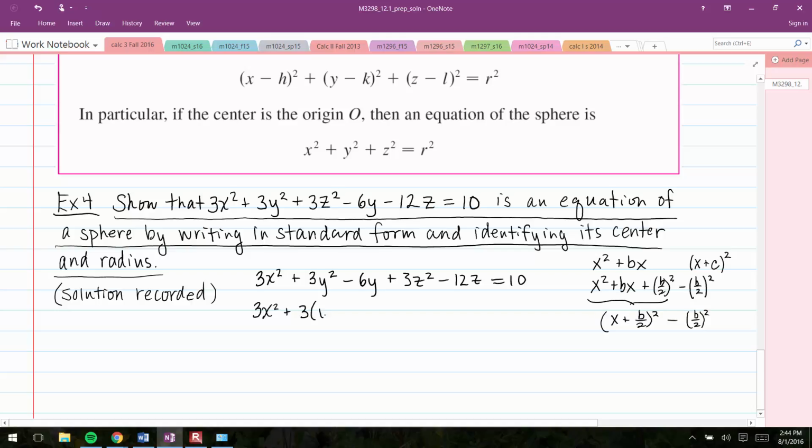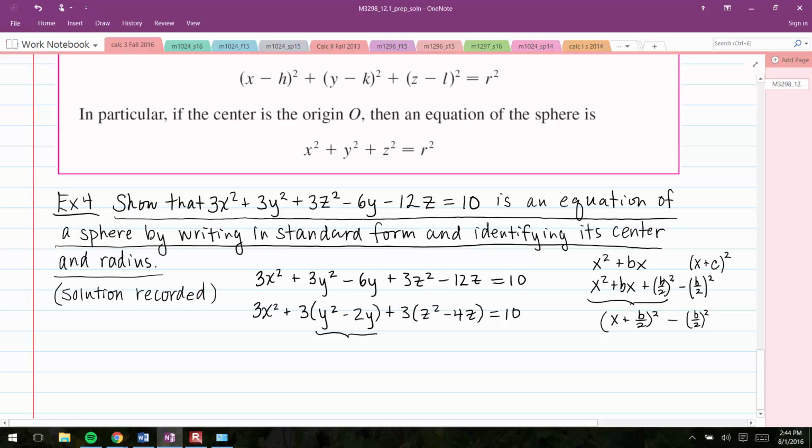Then we can just look at what's in the parentheses and focus on that to complete the square, and everything will be alright. While I'm at it, I'm going to do that also for the z part, and it also happens to be 3. So factoring that out, we're going to have 3 times the quantity z squared minus 4z equals 10.